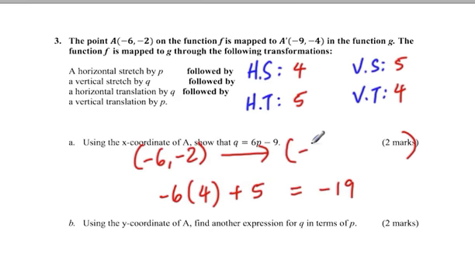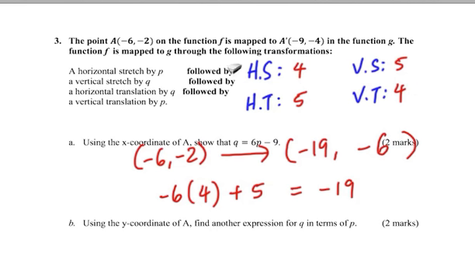So right now, I already know that point is -19, right? And then I'm going to do the same thing with the y's. I'm going to take the -2 multiplied by 5 and then add 4. So -2 times 5 is -10. And -10 plus 4 is -6. So that's how I would do it if I had those values.